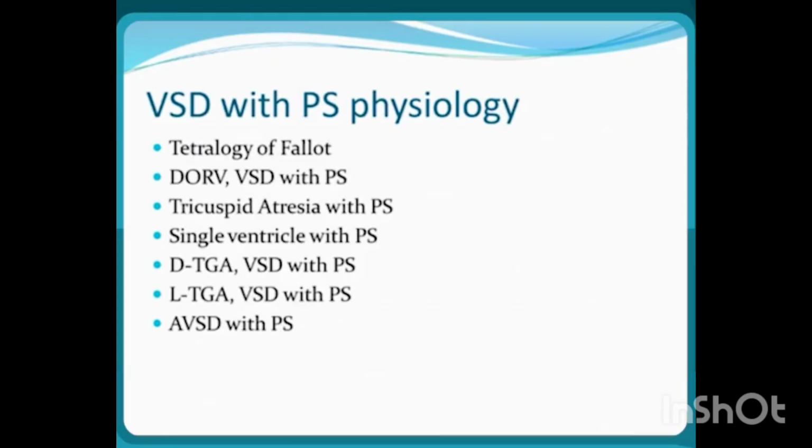Again, one more example I remember: the patient was misdiagnosed as having only a small VSD by echocardiography, again by a person not trained to see CHD patients. Then the pediatrician suspected this patient had cyanotic CHD because saturation was very low. They did the hyperoxia test and PO2 came out very low. Then they shifted the patient to our center, and it turned out to be TGA with small VSD.